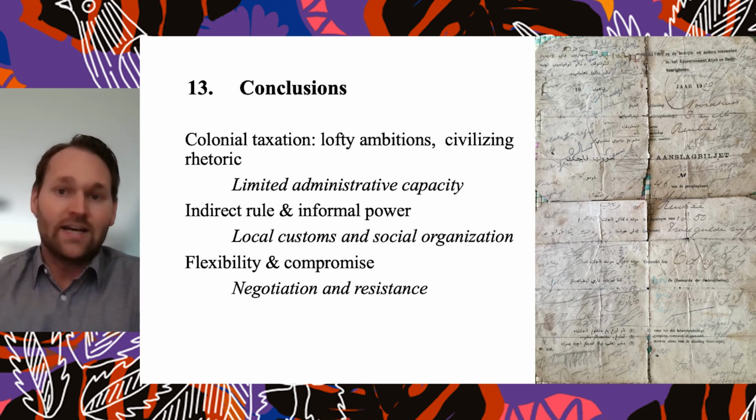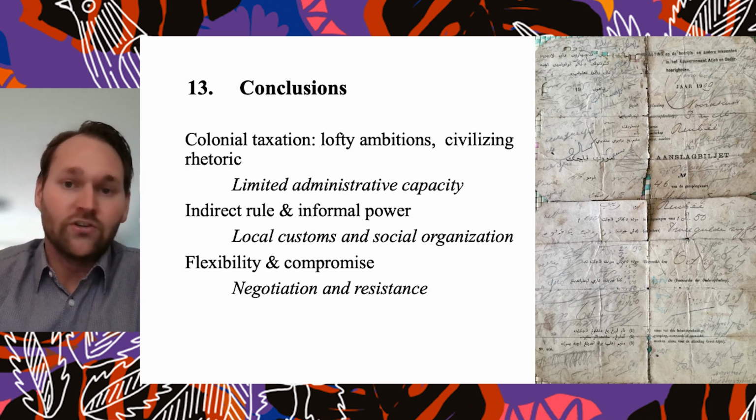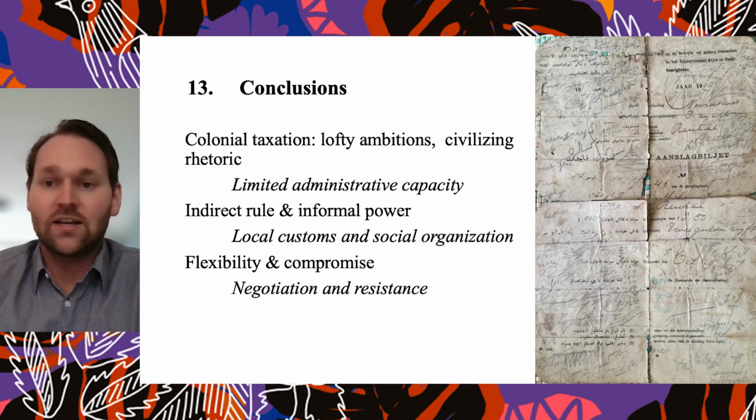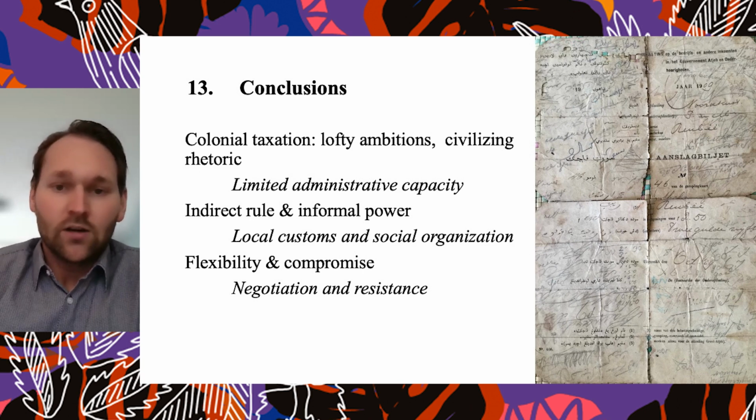Dutch colonial officials relied heavily on indirect rule and local cooperation. Taxes were managed by local rulers and tied into indigenous customs and social political organization, which compromised the European precepts of the tax system, but also made it more flexible and practicable. Colonial taxpayers in Indonesia adeptly negotiated their fiscal positions, challenging the assumptions of colonial power holders.